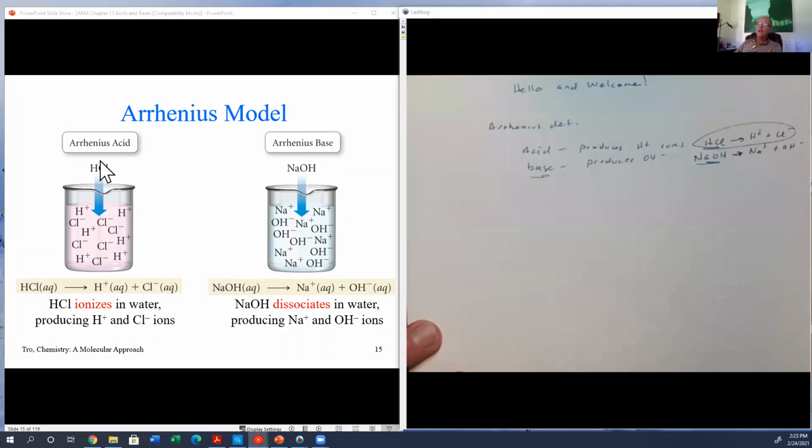HCl is not an ionic compound. HCl is a molecular compound, so it doesn't really contain any ions, but when you put it in solution, it ionizes. It forms H+ ions and Cl- ions. That's why we say acids ionize in water, whereas ionic compounds and bases like this, we say they dissociate in water.